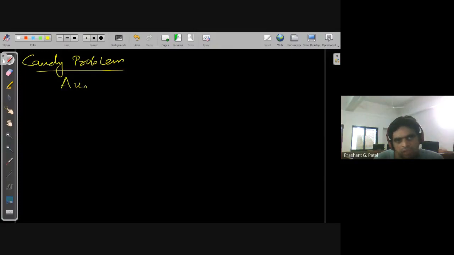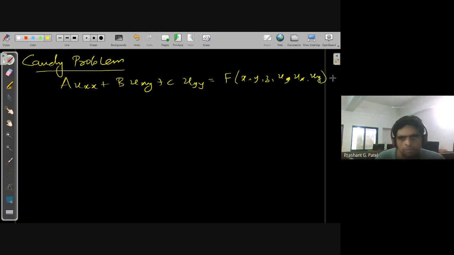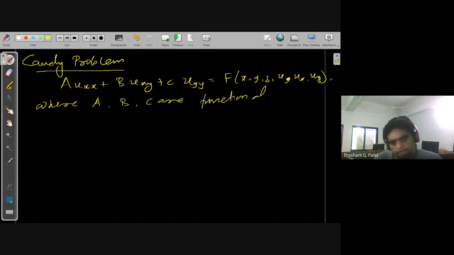So we have a uxx plus b uxy plus c uyy equal to capital F of x, y, u, ux and uy, where a, b and c are functions of x and y, and gamma 0 is a curve in the xy plane.